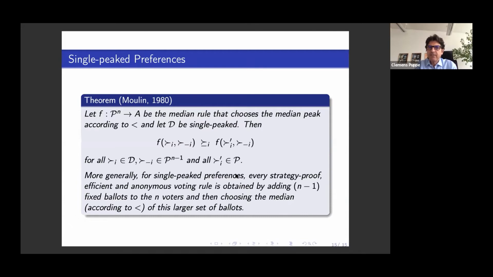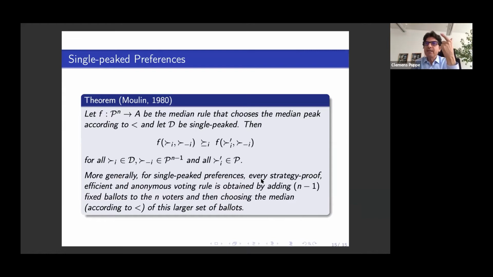Suppose that all voters have single peaked preferences, then every strategy proof, efficient and anonymous voting rule can be obtained as follows. You add to the n votes n-1 fixed votes that you fix once and for all, and then you have n plus n-1 votes, namely the real voters, n, plus the phantom voters, n-1.